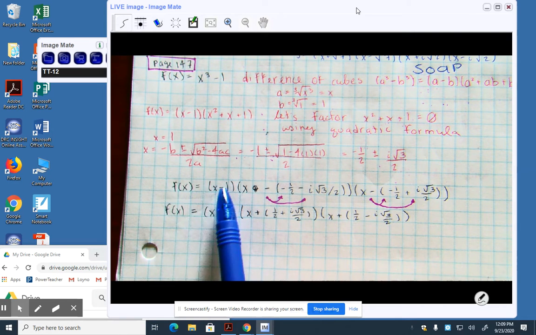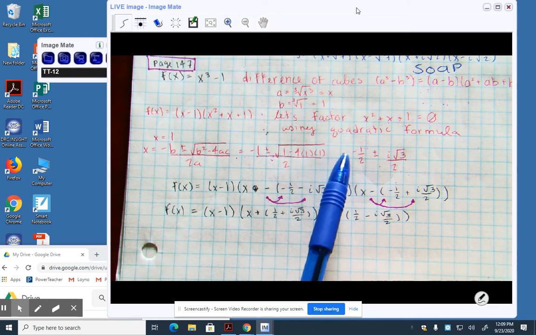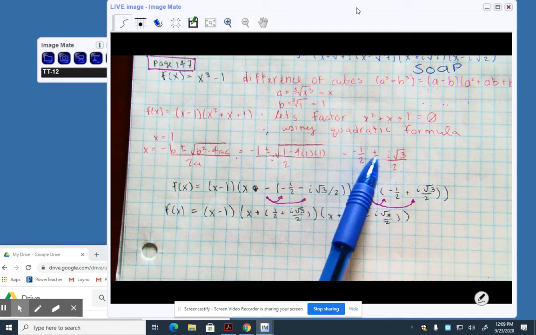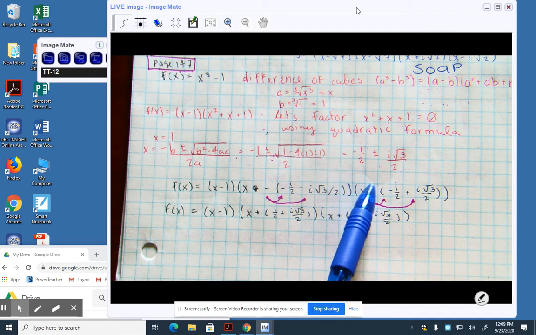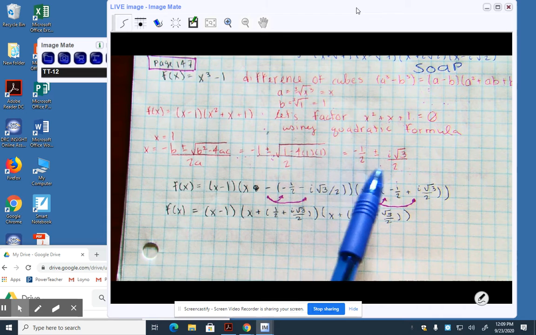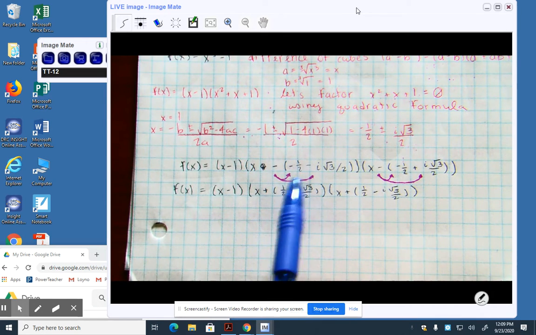I've got x minus 1, and then x minus negative 1/2 minus all this right here, and then x minus negative 1/2 plus all this right here. And so my last step, all I did was distribute the negative sign inside of my complex number.